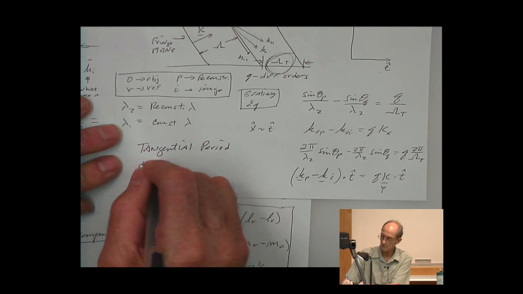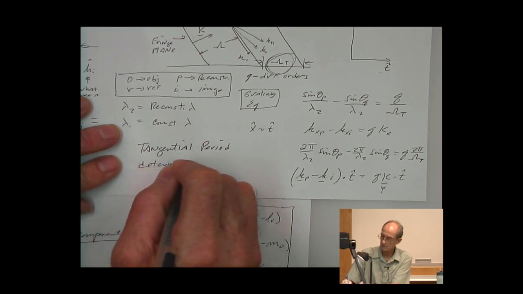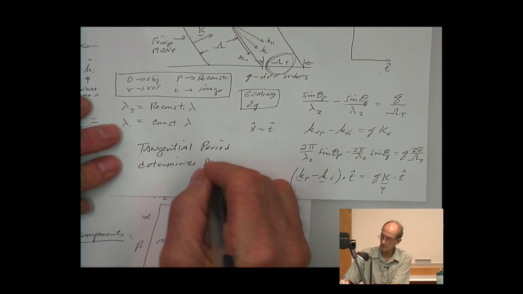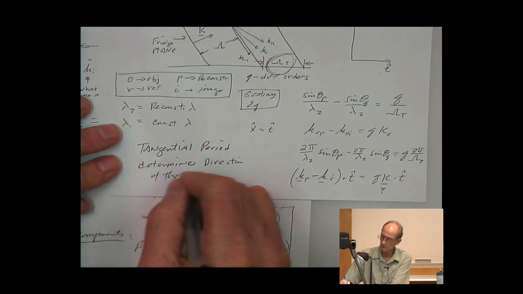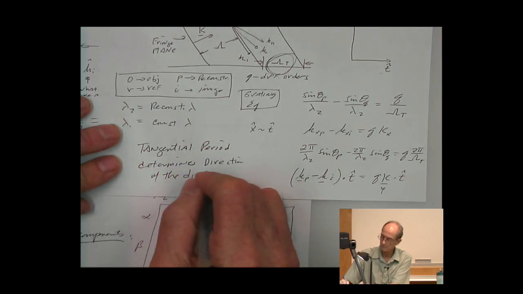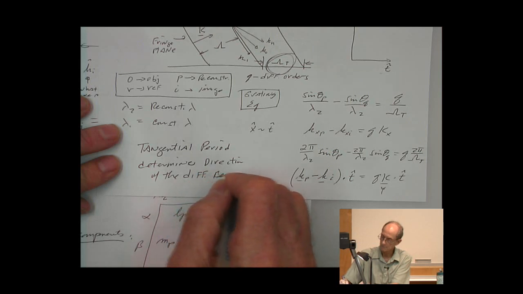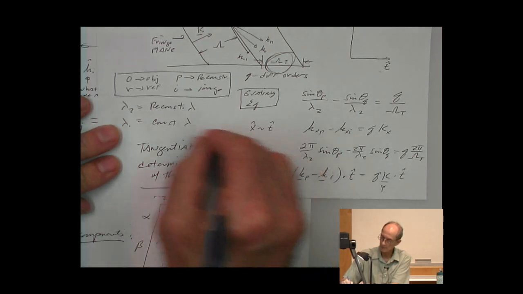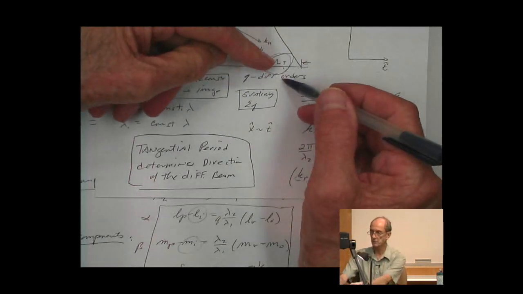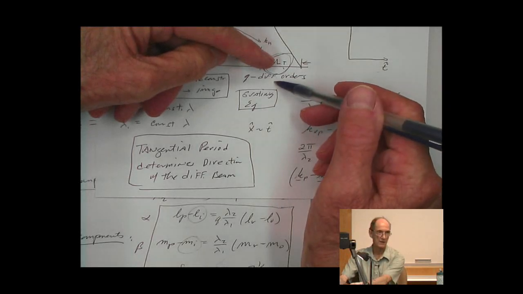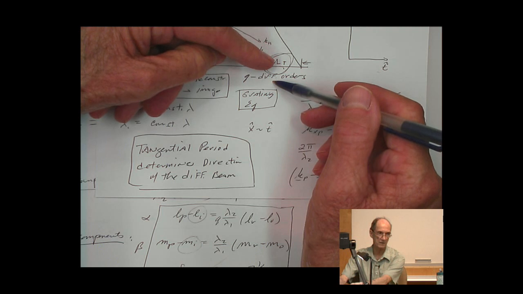This determines the direction of the diffracted beam. Very important point. And the reason it determines the direction of the diffracted beam is because that's at the boundary, that's at the interface, right? So what you have there is a boundary matching, electromagnetic boundary matching condition.